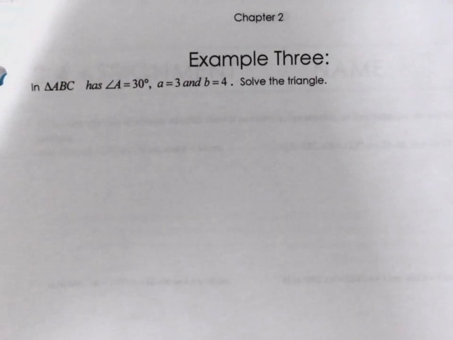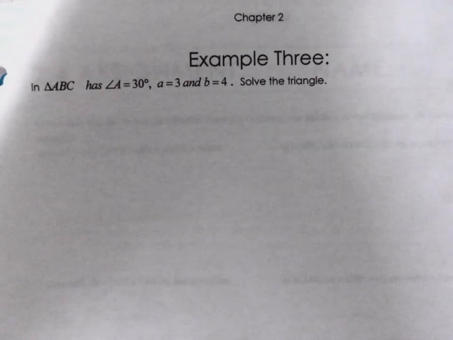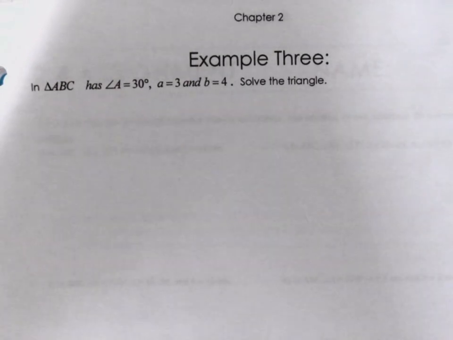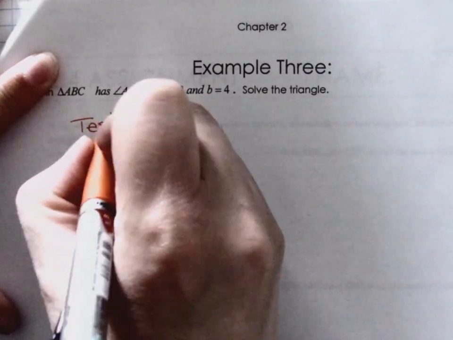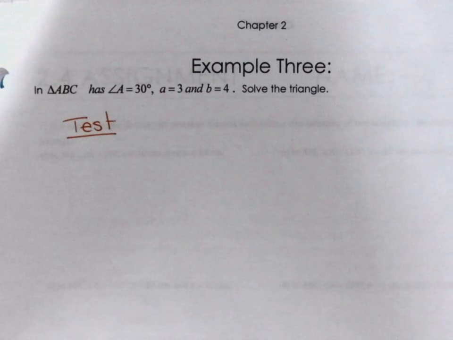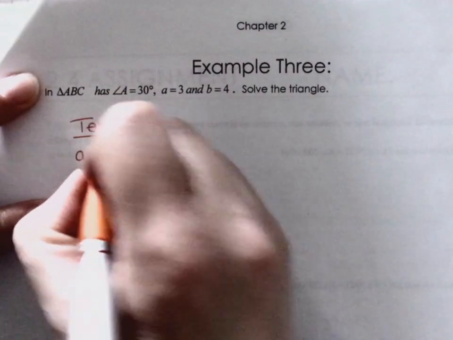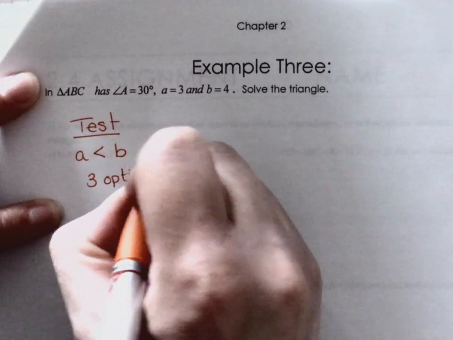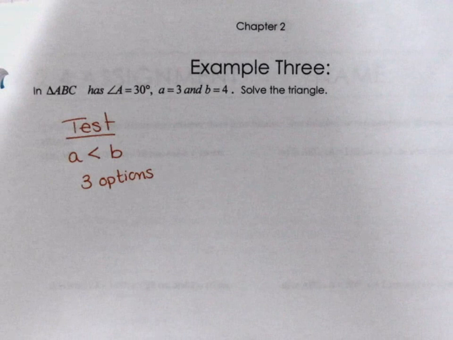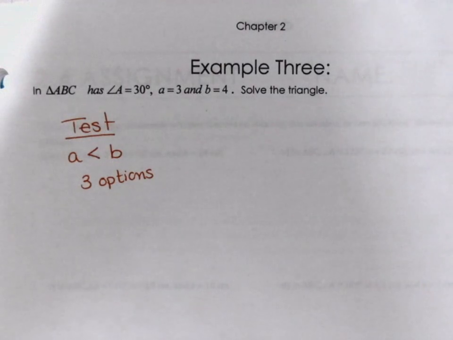Okay, step 1. What's step 1? Test. Do the test. Feel like I'm going to use orange for this. Is A greater than B? No. So A is less than B, so 3 options. As soon as I know that I have 3 options, I have to use the fluffy cloud.